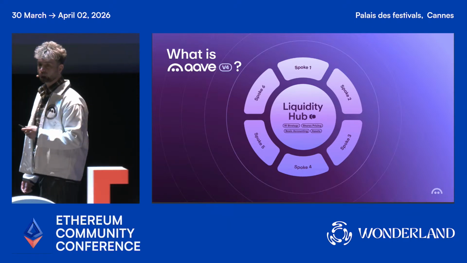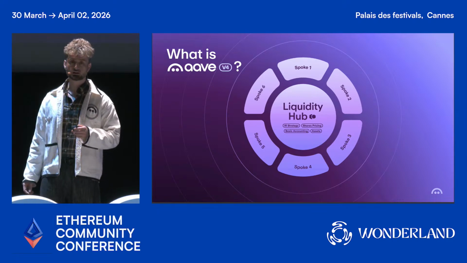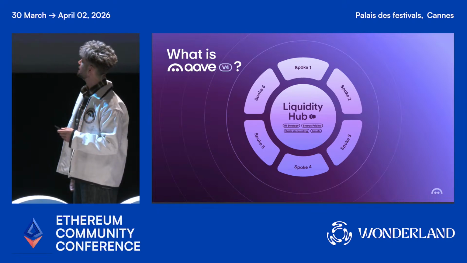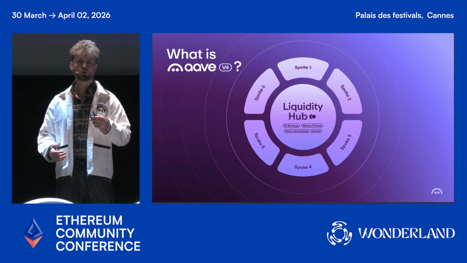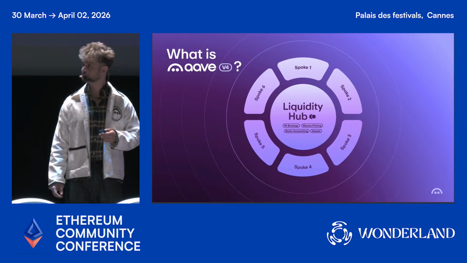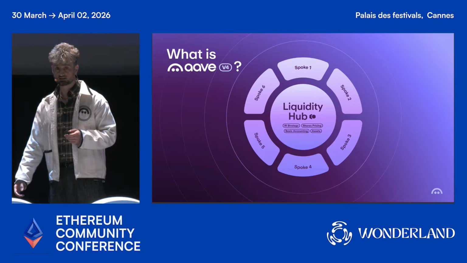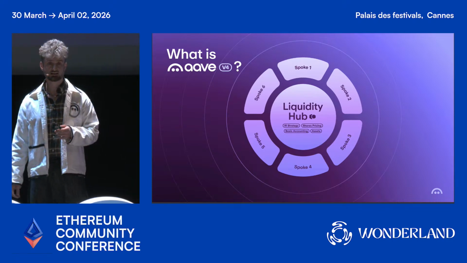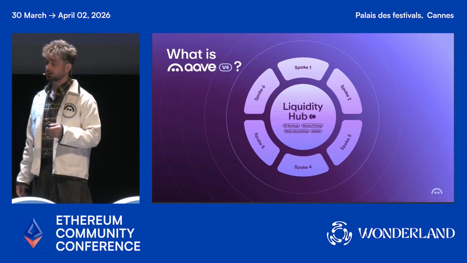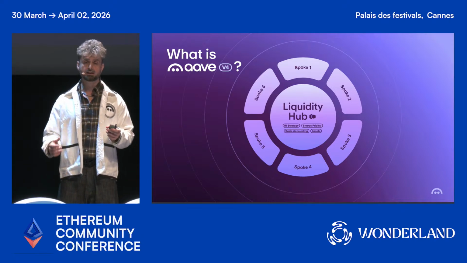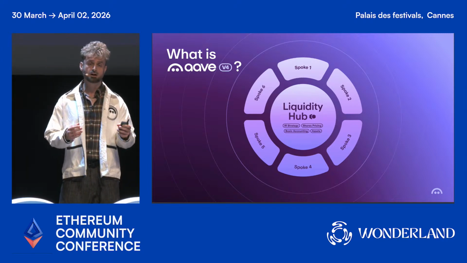Okay, so what changes with V4 compared to Aave V3? The previous iterations of the protocol, which were iterative over the first release of Aave V1, were all based on the same design, on the same architecture, which was monolithic. The Aave protocol was essentially identified as a market.